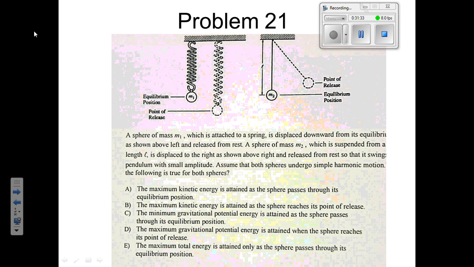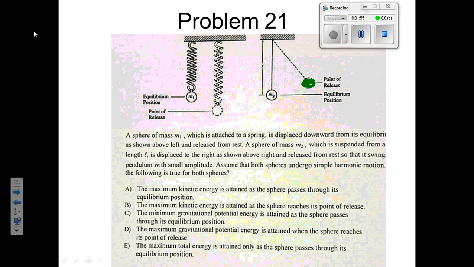If you look at choice A, the maximum kinetic energy is attained as the sphere passes through its equilibrium position. Is that true? Well, let's think. Up here, if this is at its highest point, what did we say this pendulum has at this point? All potential.